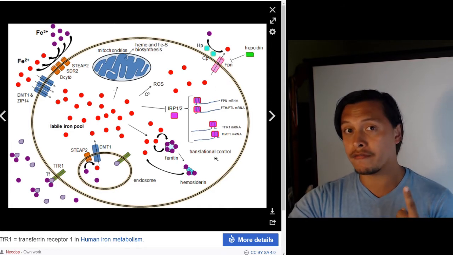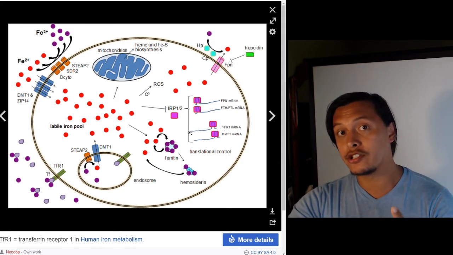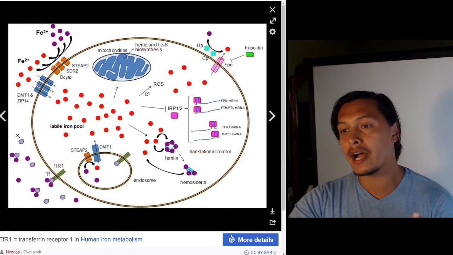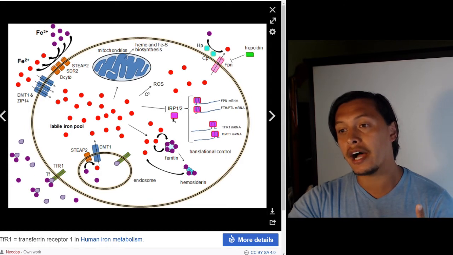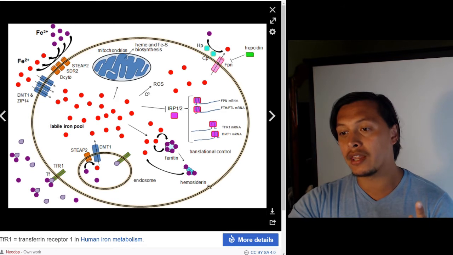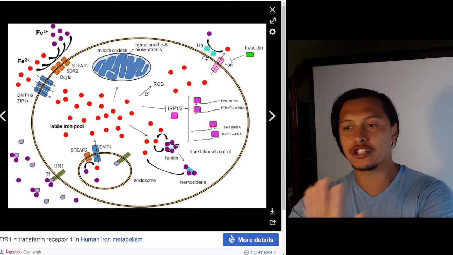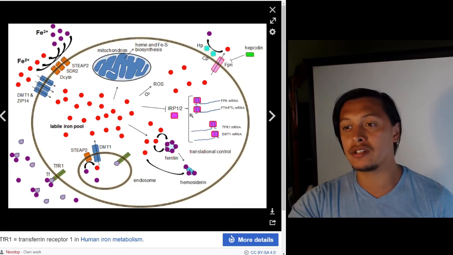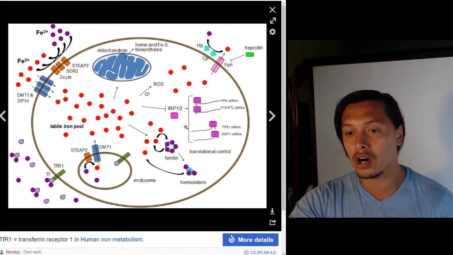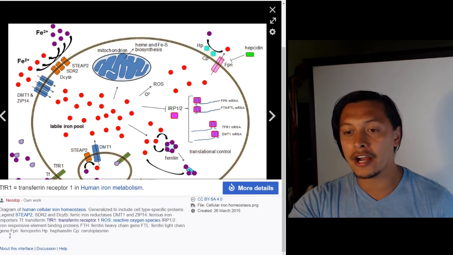One of the effects that we are going to see of this iron being put into the cell is that it is going to interact with these IRP1 and 2, and also with ferritin, but actually don't worry about that. Just worry about these IRP1 and 2. And what are the IRP1 and 2? Well, these are called iron responsive element binding proteins.